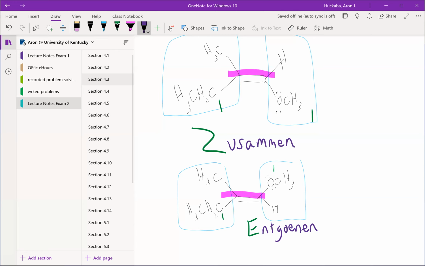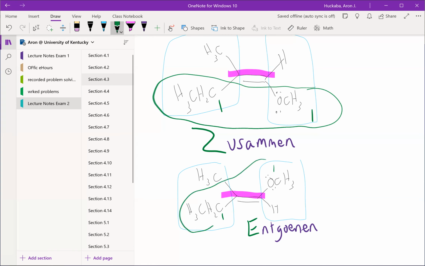So if your two highest priority groups are on the same side, then it is Z for zusammen. But if they're on different sides, like this, then it is E for different or entgegen. So Z, same. That's typically how I remember it.